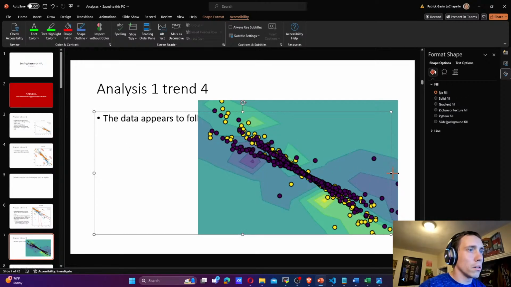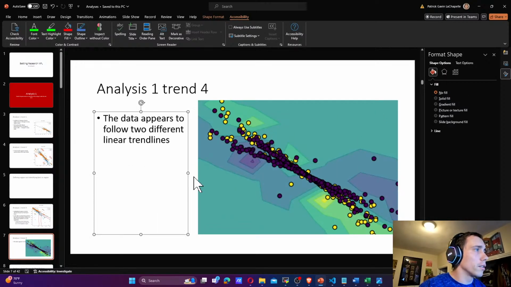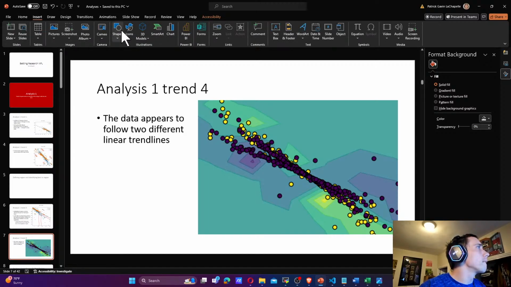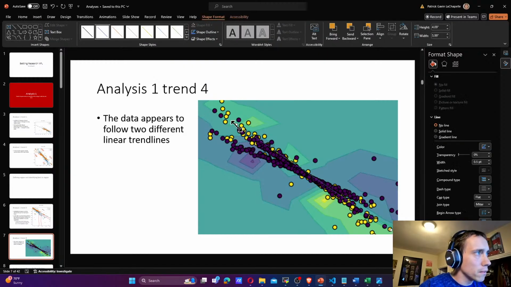Okay. Now I just want to highlight the trend lines that I'm talking about. Okay, I'm gonna make that thicker so you can see it.